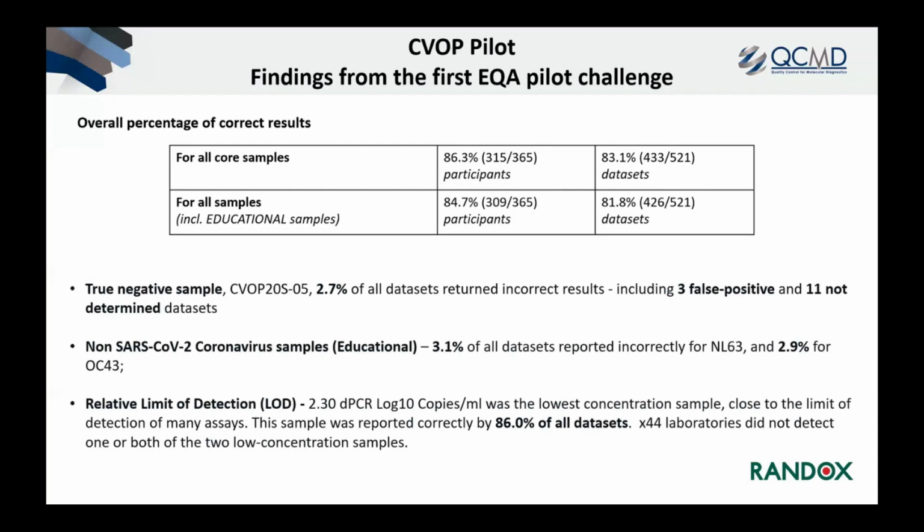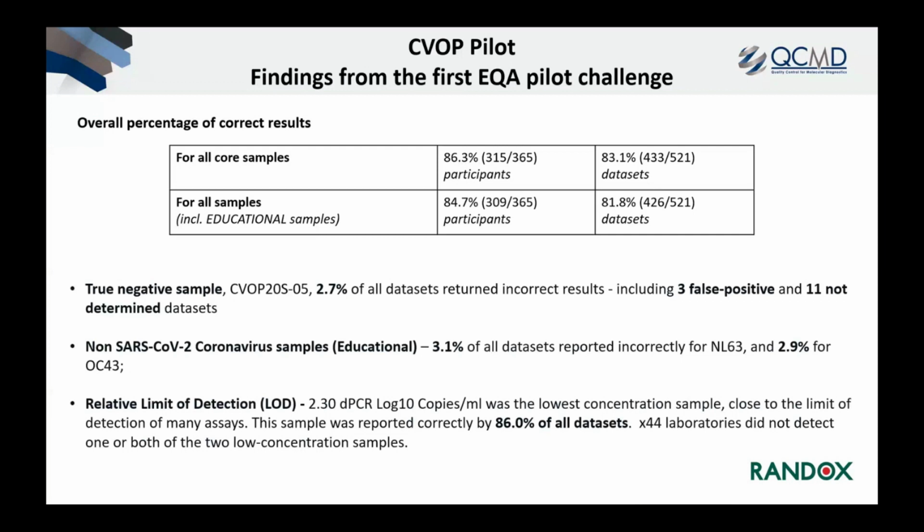And that's something that we've picked up for future rounds. As I said, there's about 3% false positive results on the non-coronavirus samples. And these were educational samples because we thought it's important laboratories know the limitations of their assays, that their assays are unable to differentiate between the SARS coronavirus and the seasonal routine coronaviruses circulating.